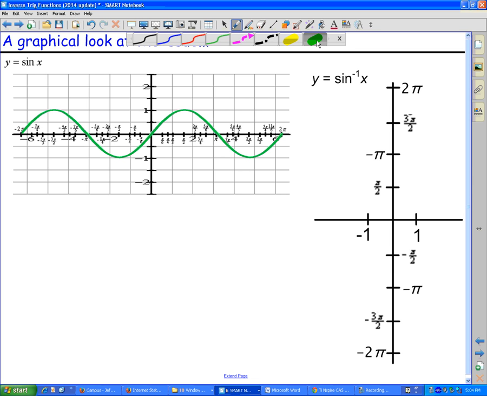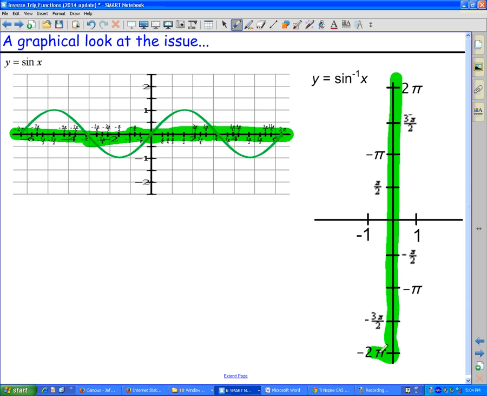The domain, which was all these angles in here, now becomes the range. So now the y-axis is all the angles, like negative pi and negative 3 pi over 2, pi over 2, and so on and so on.